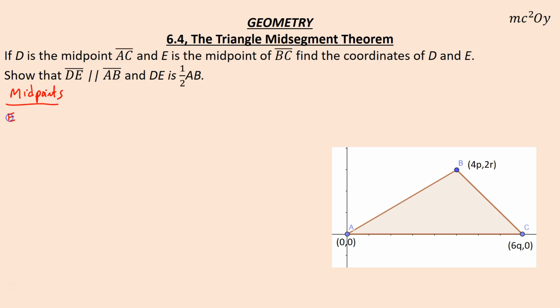So for the coordinates of the midpoint E, it's going to be helpful to actually use our midpoint formula. So remember the midpoint formula is an XY value, where you take your X2 and add it to your X1 and cut it in half, or take the average of your X's and the average of your Y's.